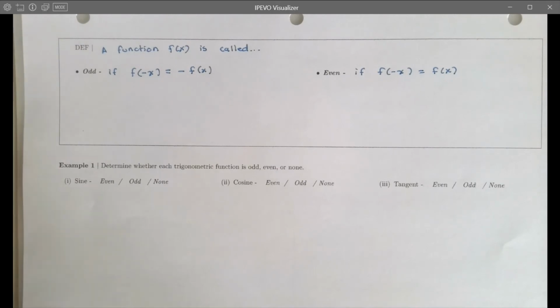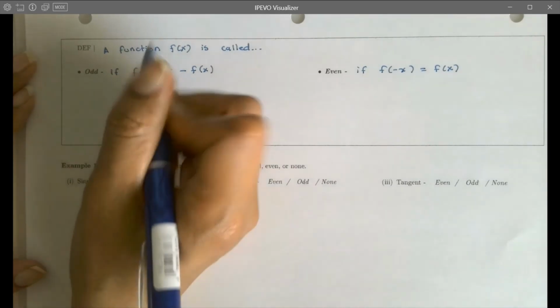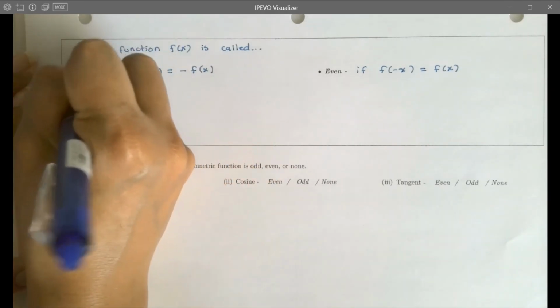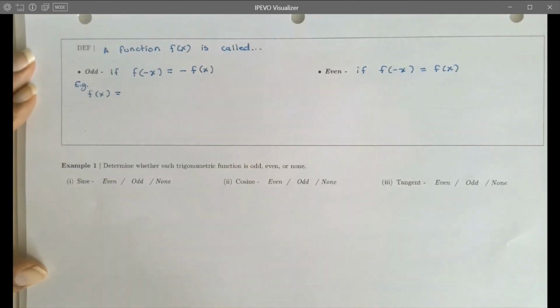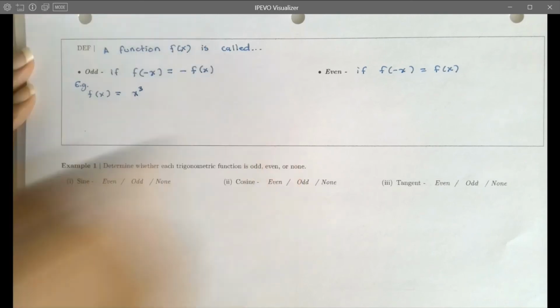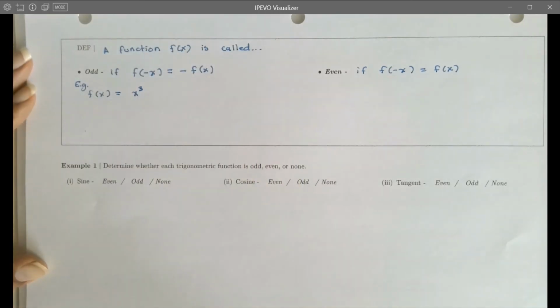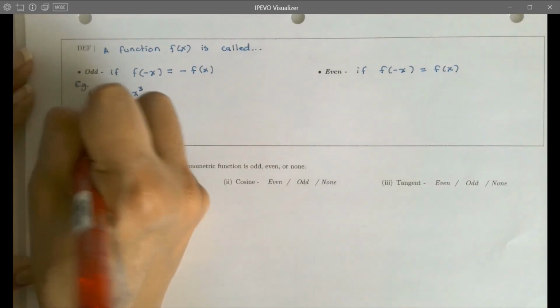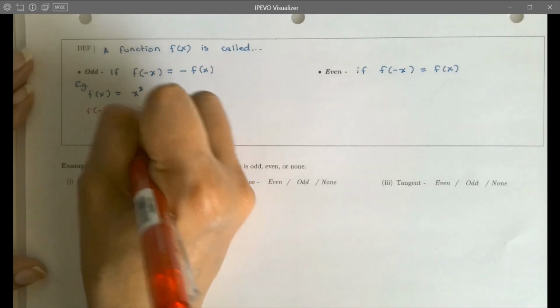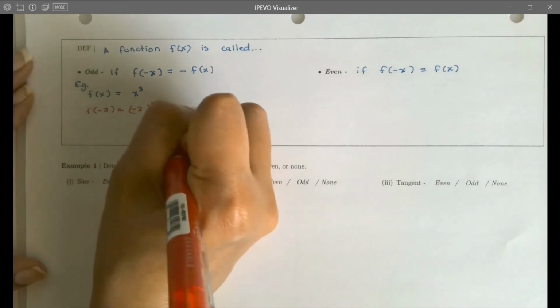So for instance, if you take a look at f of x equals, and this is an example, so I'll write e.g. f of x equals x cubed, for instance. Okay. If we take a look at what is f of -2, well, f of -2 will be -2 cubed, which is -8.